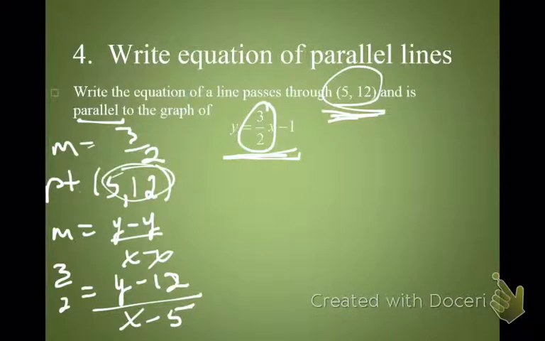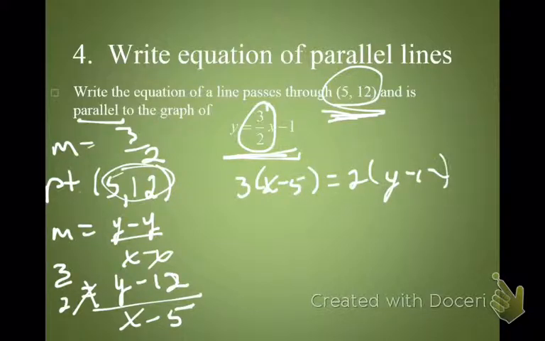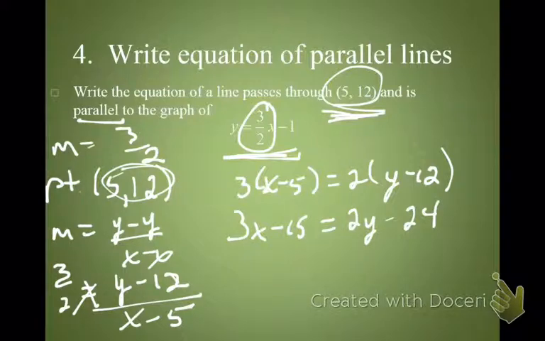Now, we've got to get y by itself, so we cross multiply and start doing some algebra. Remember that you distribute the 3, so we go 3 times (x minus 5) equals 2 times (y minus 12). Distribute. You get 3x minus 15 equals 2y minus 24. Then we add the 15. Oh, wait. No, we don't. Sorry, I'm trying to get y by itself.